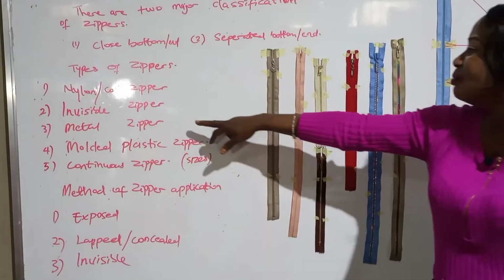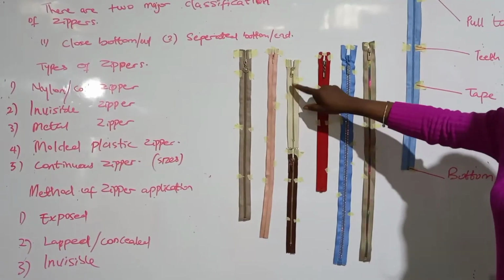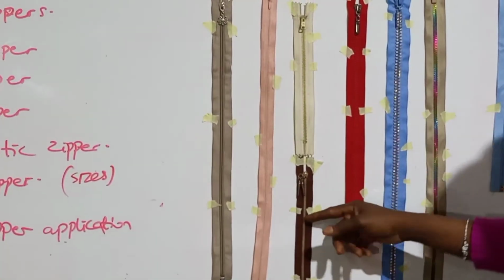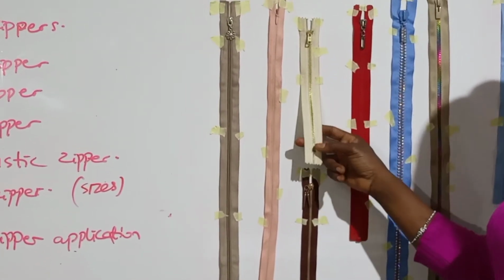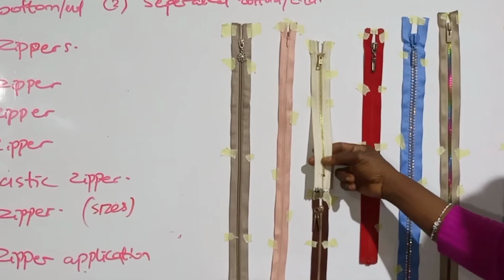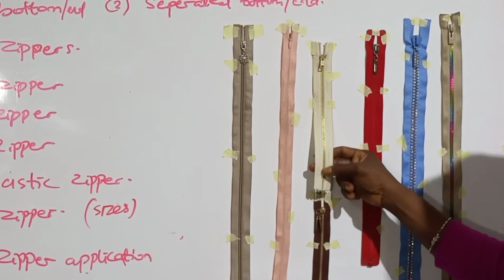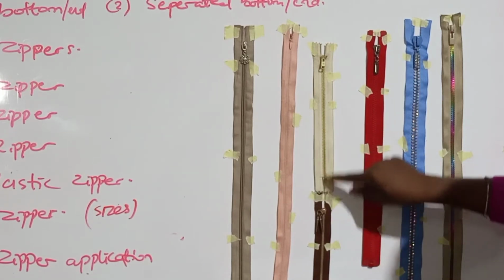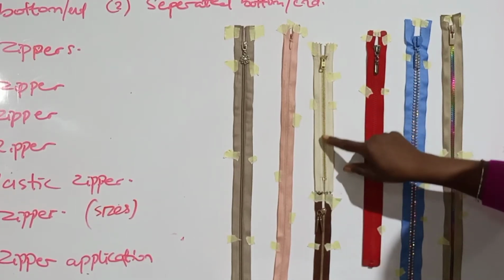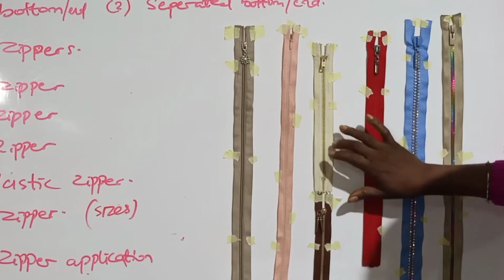Next to that is the metal zipper. This is the kind of zip where the teeth are metal. It can be silver, it can be gold. You mostly find metal zipper on denim, like jean trouser, jean skirt. It's also strong on bags, for luggage.